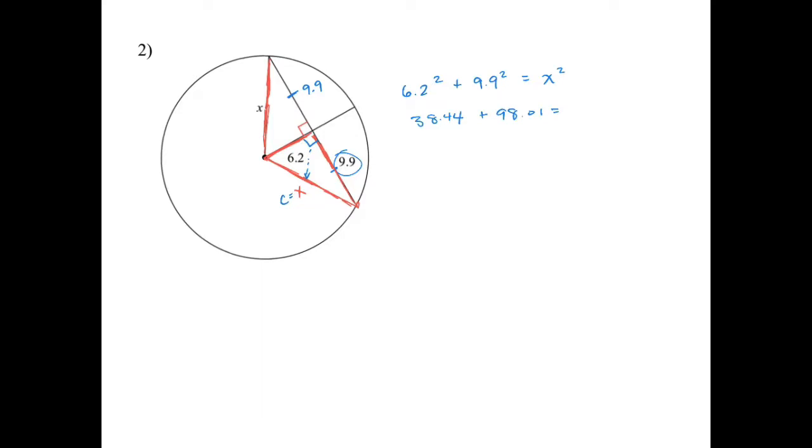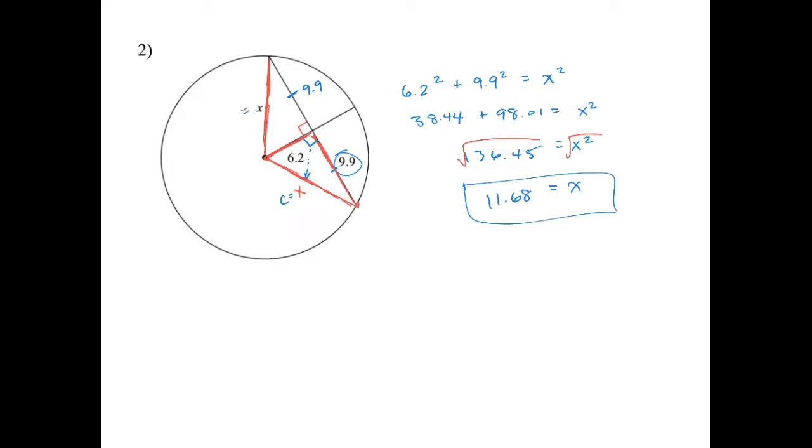Add them together and that's 136.45. And remember, to undo the square, we use the square root. So x equals the square root of that. Oh no, I pushed the wrong button on my calculator. 136.45 square rooted, and I get 11.68.